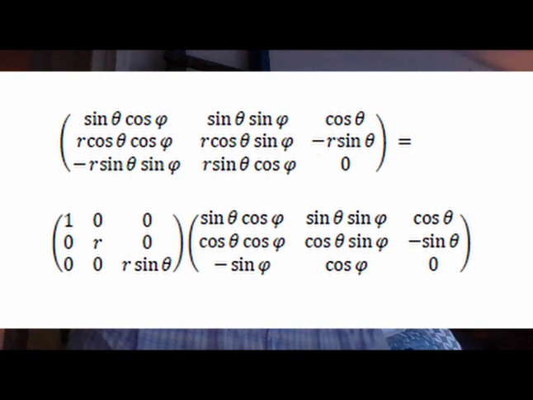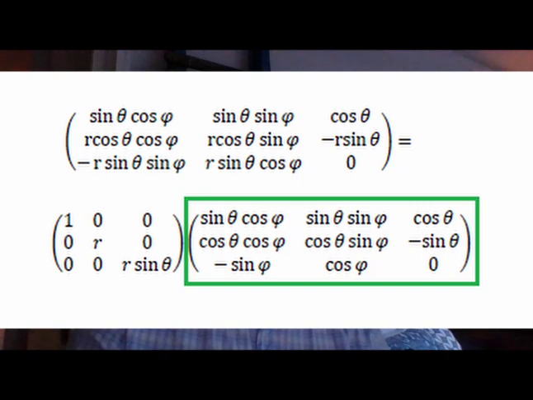And in fact, the matrix we want to invert has the factors r in the second row and the factor r sine theta in the third. So we can decompose this matrix into a product of two matrices, and when you know it, one of them is the one we've already seen.